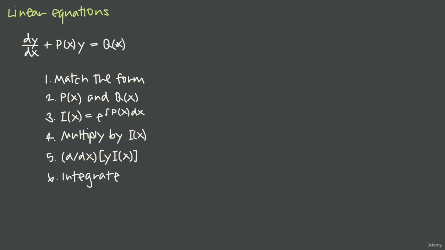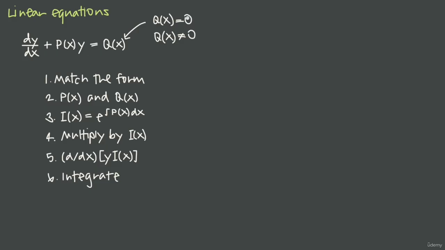One other thing we want to say before we work through the rest of these steps is that once we have the equation in this form, we have 2 possibilities here for q. We can have a q of x function that is equal to 0, or we can have a q of x function that is non-zero or not equal to 0.